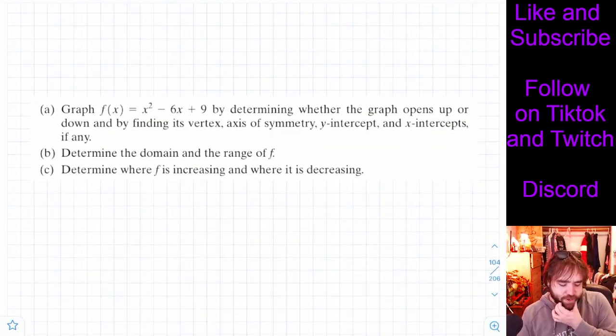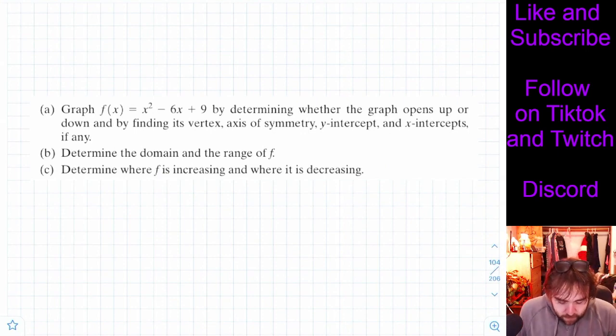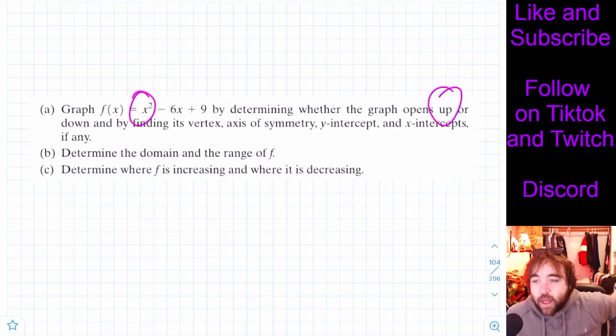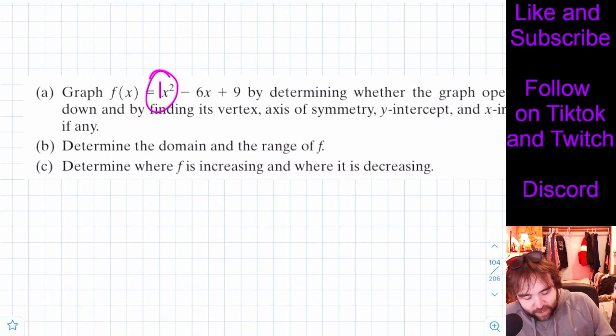So let's see. Here they're doing it again, basically asking all the same questions. So graph this by determining whether the graph opens up or down. Okay, well, for that, we look at this, and that's positive. So that means it opens up. And by finding its vertex, okay, we'll do the same thing. So negative b over 2a. In this case, a is 1.